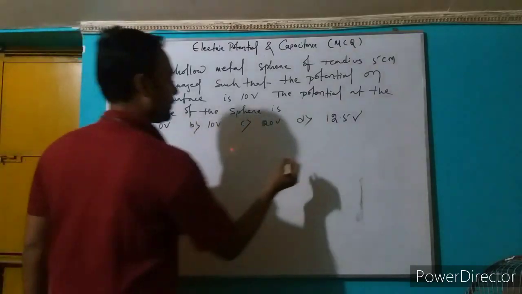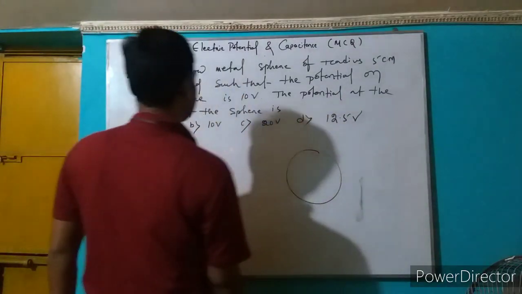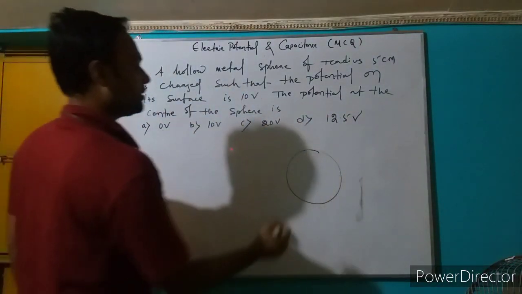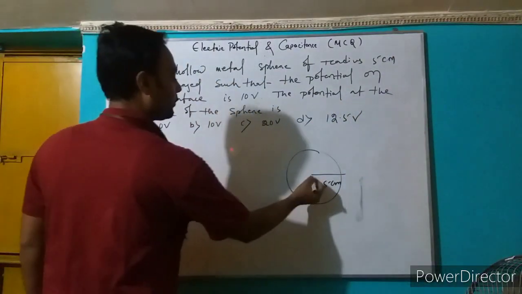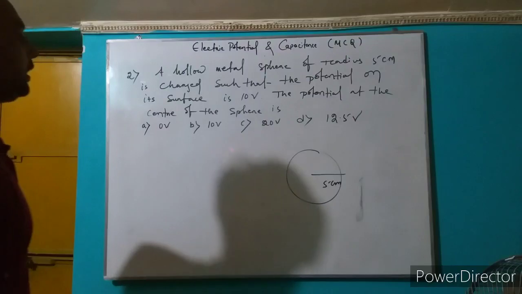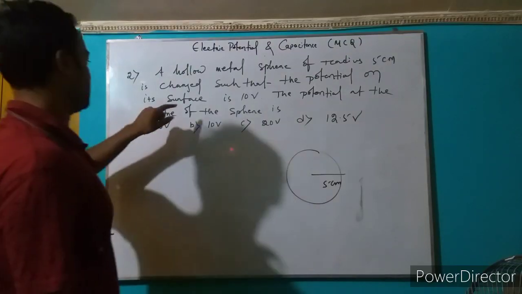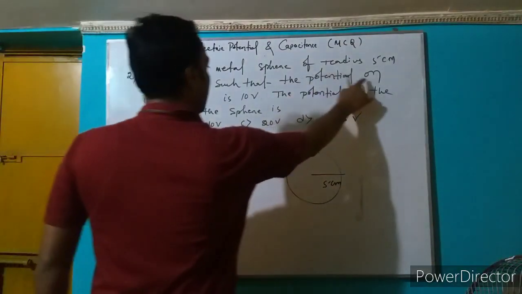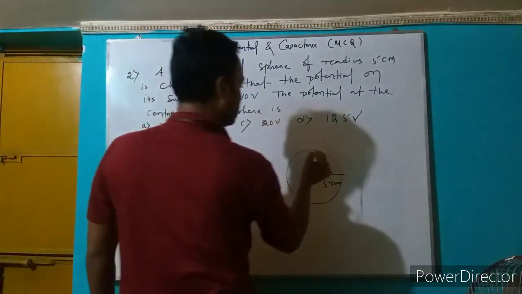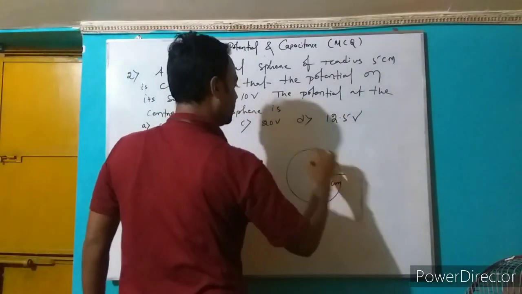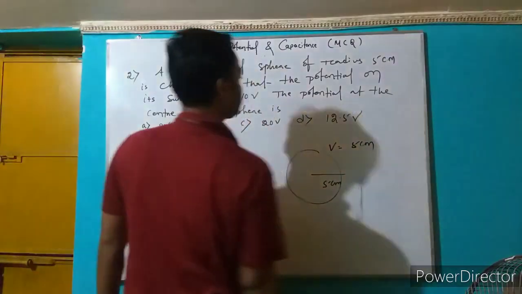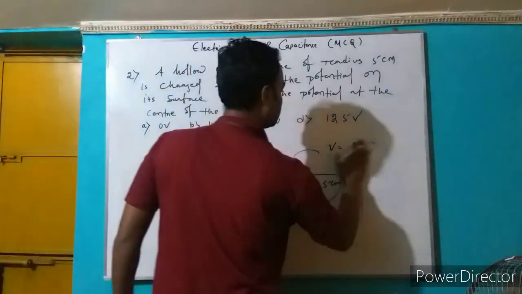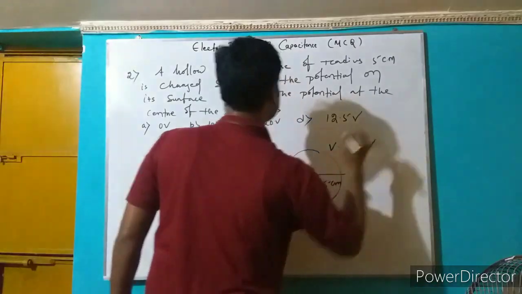This is the hollow metal sphere, whose radius is 5 cm, from the center to the surface of that sphere. The potential on its surface, this is the surface of that sphere, whose potential V equals, sorry, 10 volts.